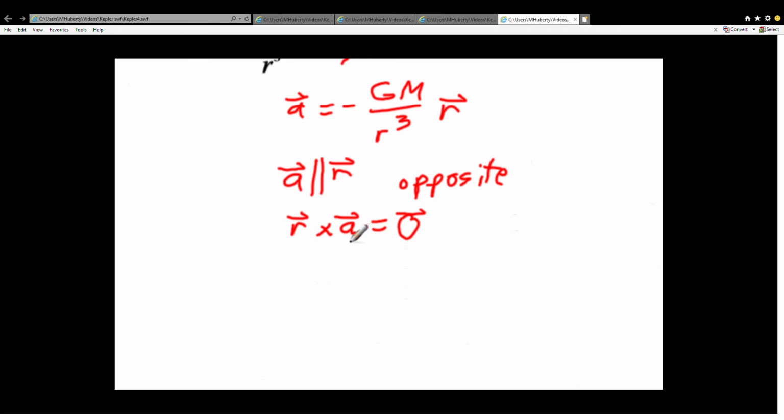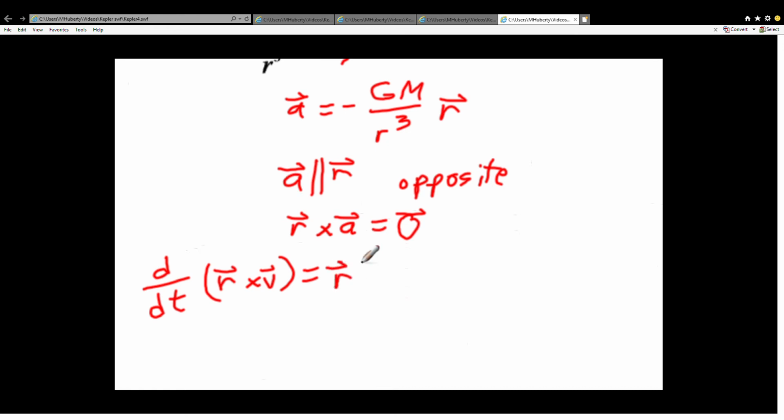if you keep in mind here that this cross product is zero, we're going to actually take a derivative that at first is going to seem like it comes out of nowhere, but you'll see that it's going to get used in a little bit. We're going to take the derivative of the cross product of our position vector and the velocity vector, okay? And this requires a product rule, right?